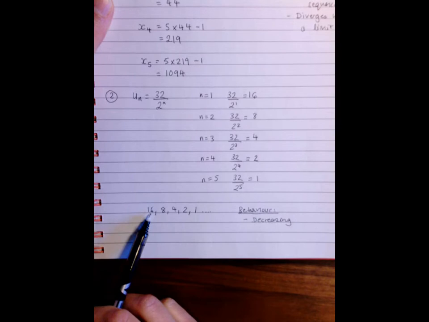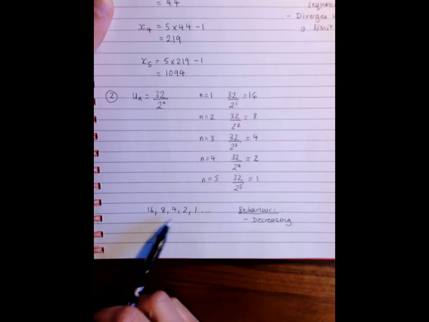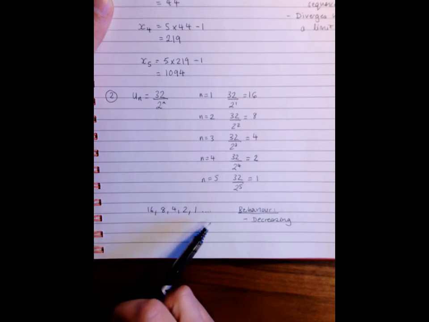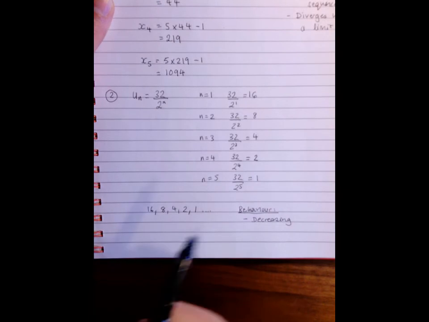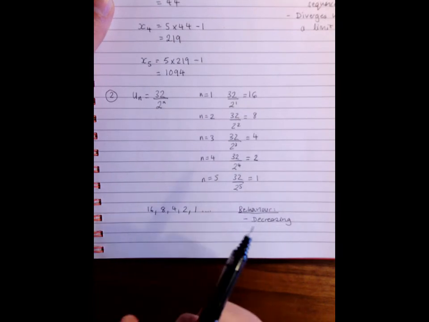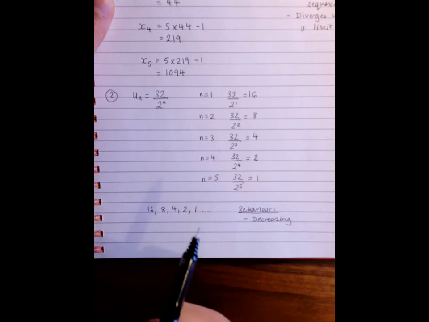So 16 divided by 2 is 8, 8 divided by 2 is 4, so it's halving each time. It's going to keep getting smaller and smaller until it gets really, really small and will get closer and closer to the value of 0.